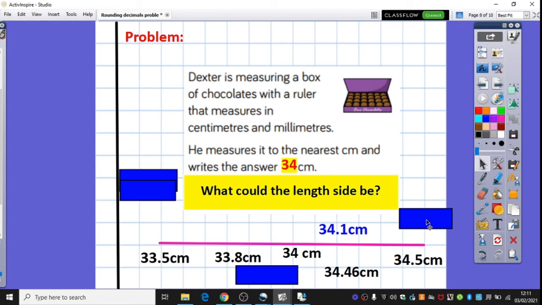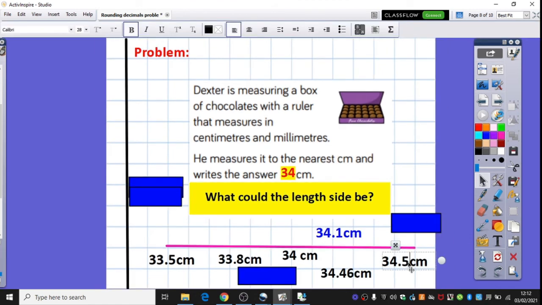And the answer is no, it wouldn't, because it is 5 in that tenths column, it would round to 35. So actually we would need to ensure that this tenth number was a 4. If we were looking for something maybe bigger than 34.46, we could have 34.49, and that would also make that.